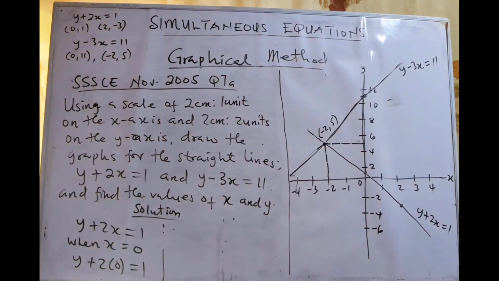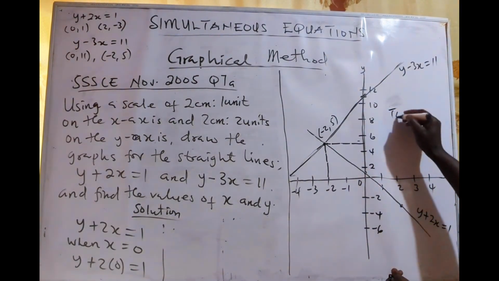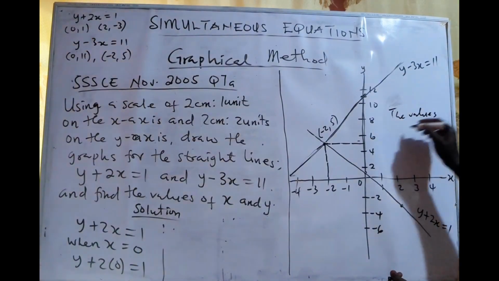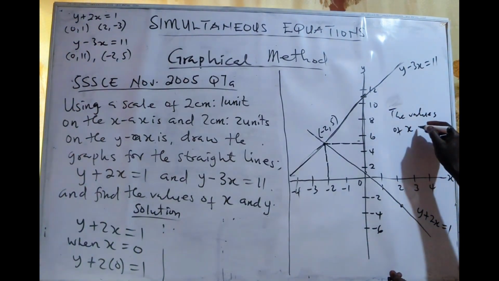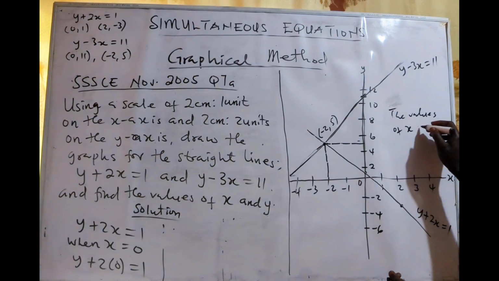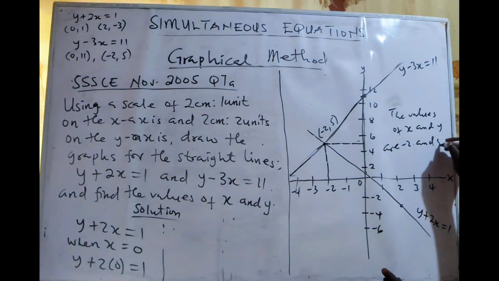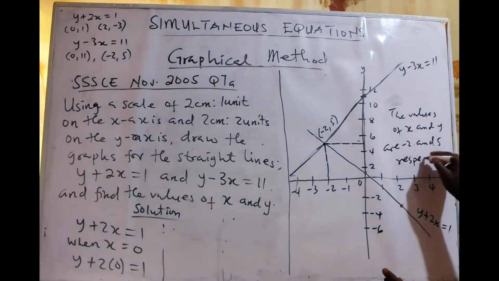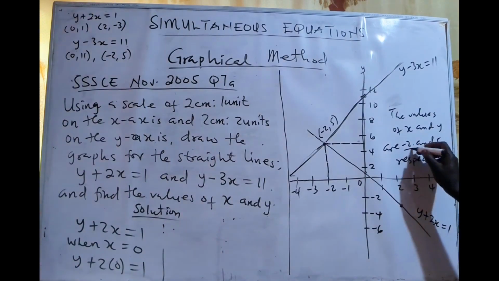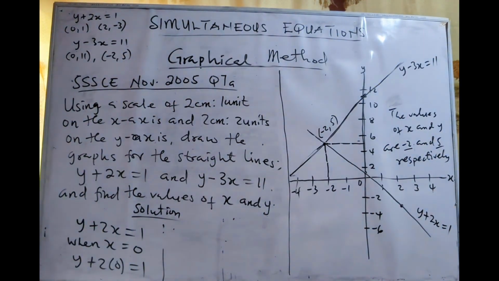The values of x and y are -2 and 5 respectively. So x is -2, y is 5.